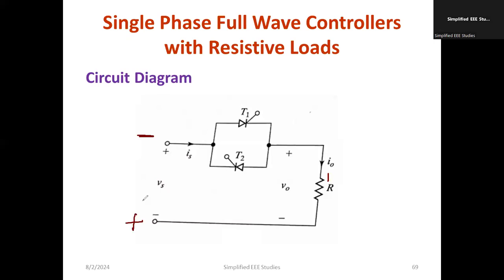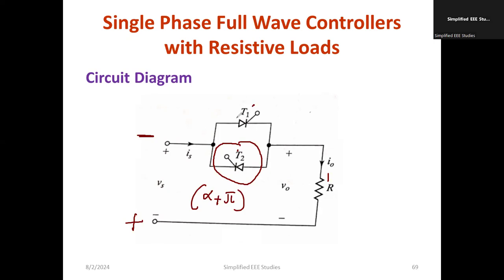So during the negative half cycle, thyristor T2 will be activated at an angle of pi plus alpha. The thyristor T2 will be turned on at a delay angle of pi plus alpha. Therefore, power flow will take place from source to the load.